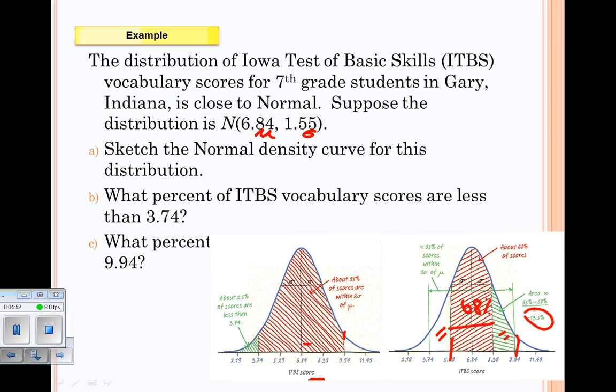So adding those two together, what are you going to get total? So 0.68 plus 13.5 would give me 81.5.